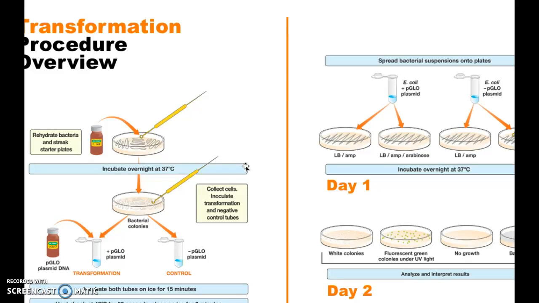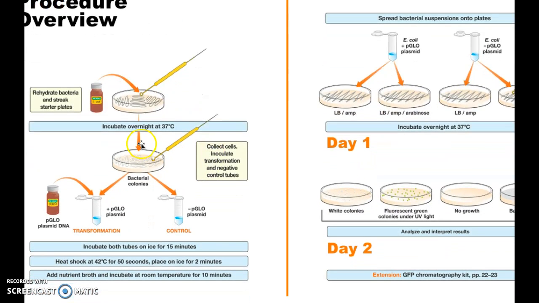So all the bacteria within that one colony should have the same genetic makeup. What you're going to be doing is you will pick a colony that's big enough. It's about 1.5 millimeters. So you need a colony that's full grown in order to do this lab.